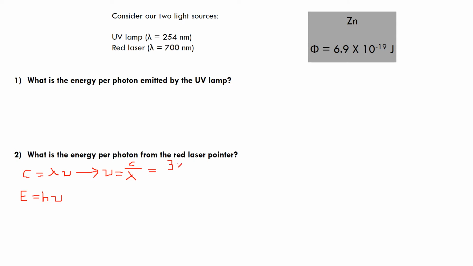So that's 3 times 10 to the 8 meters per second. And I'm going to divide that by the wavelength here. The wavelength value I'm going to use should be in meters because I've got the speed of light in meters. So 700 nanometers is equal to 7 times 10 to the minus 7 meters.